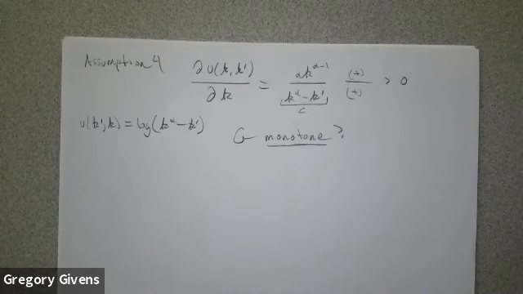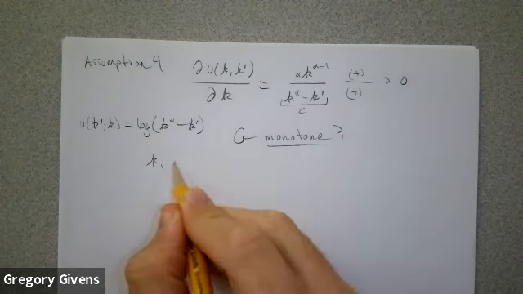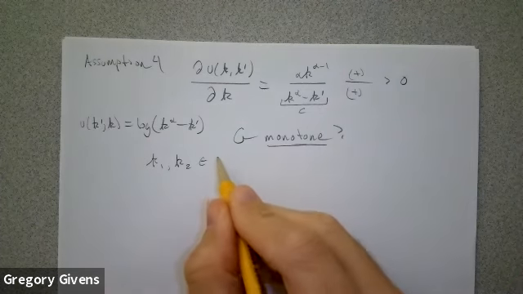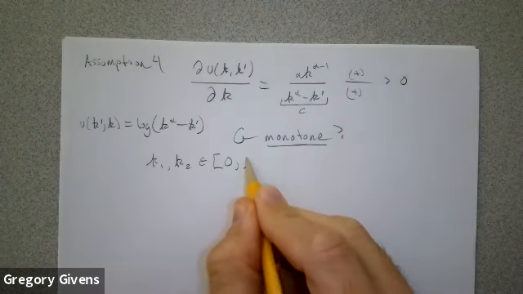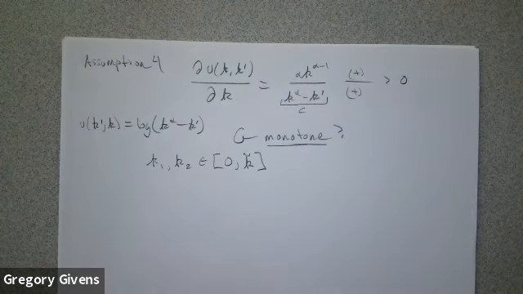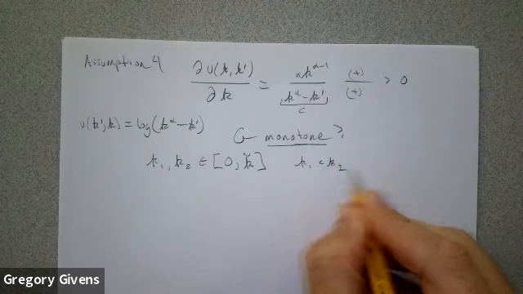If we increase the value of K, we expand the set of possible values for K prime, right? So let's take a K1 and a K2 that are both inside of the range of possible values for K, here between 0 and K tilde, but where K1 is strictly less than K2.